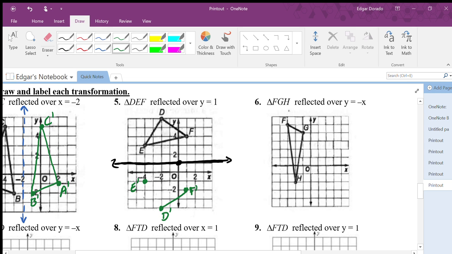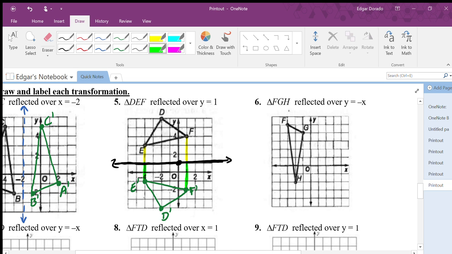And let's see if that looks like a proper reflection. Look at that. Looks to be good enough, right? The distances between, for example, here and here look to be about the same. Distance from here to here look the same. So we should be all good.